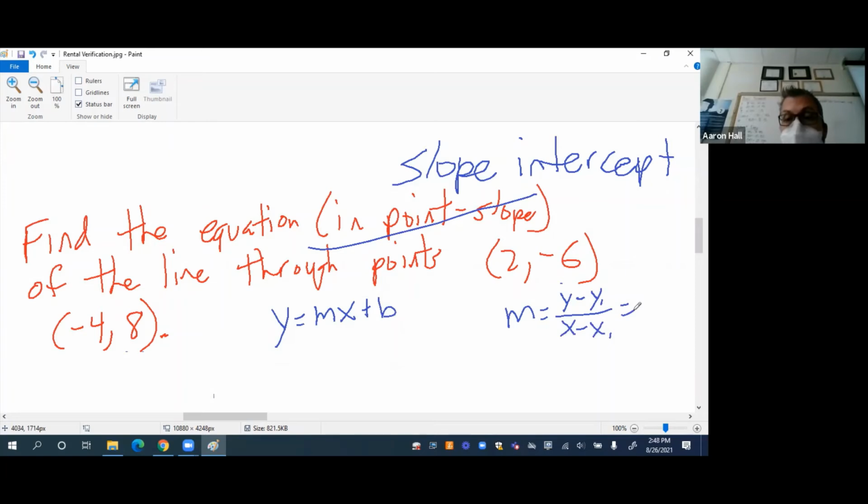So what's in the numerator? -6 minus 8, okay. And the denominator? 2 minus -4, okay. So that gives us -6 minus 8, which is -14 over 6, which can be simplified to -7/3, okay.